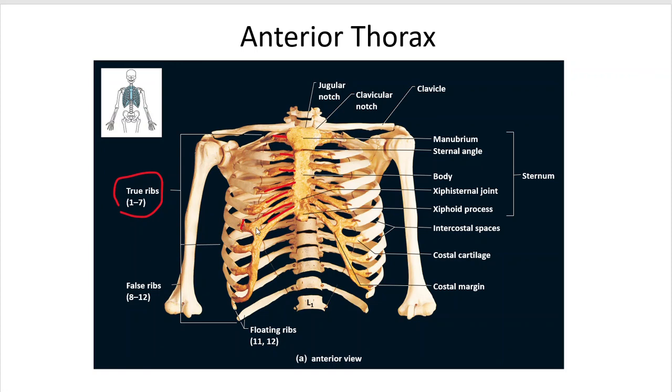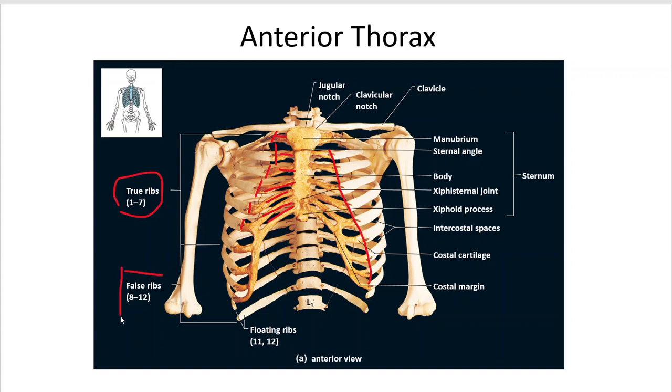The rib end's right there, and the rest of that is costal cartilage. But these first 7 directly attach to the sternum. That's why they're called true ribs.